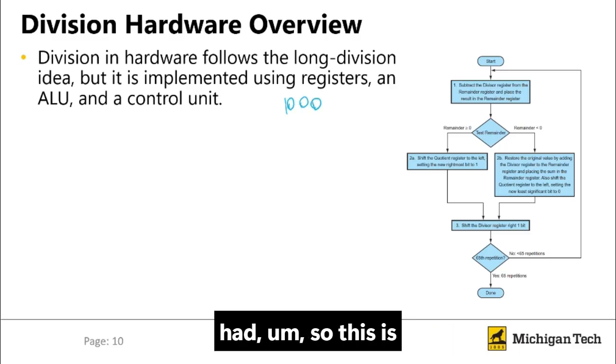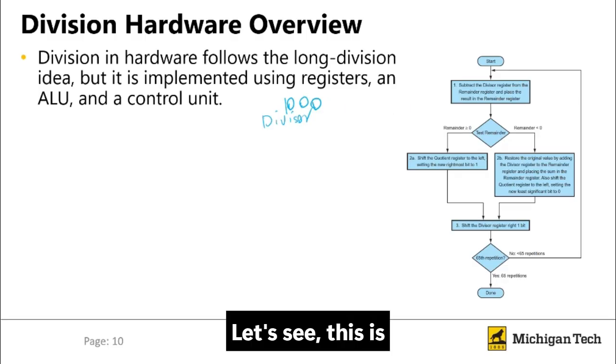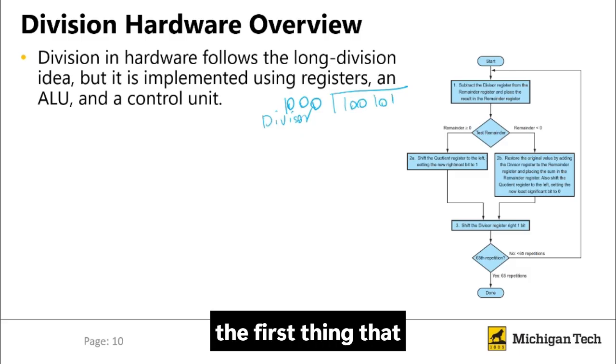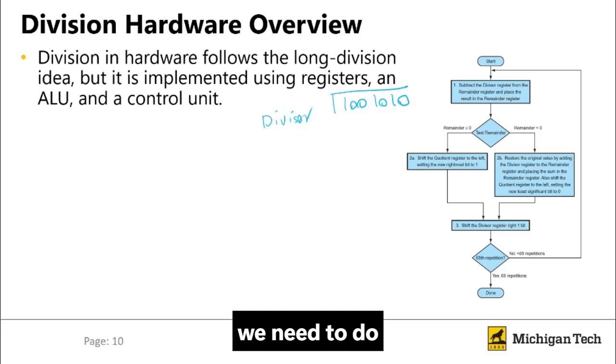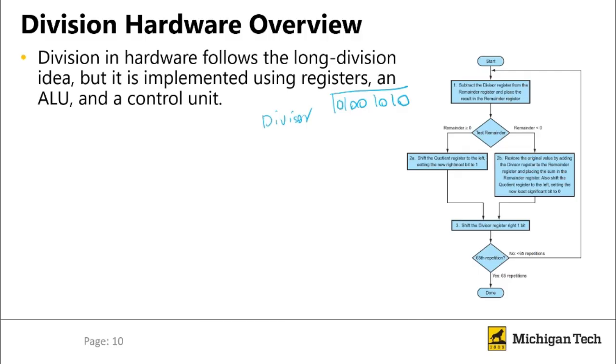So this is the divisor, and the dividend was 1 0 0 1 0 1 0. The first thing we need to do is fit them in registers.